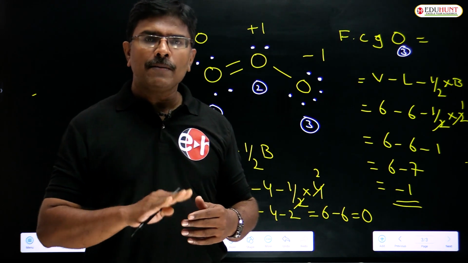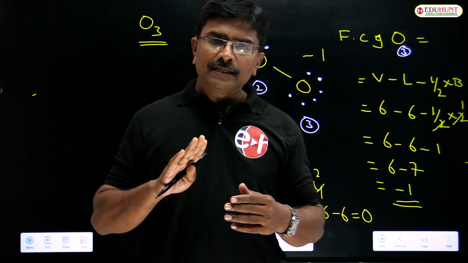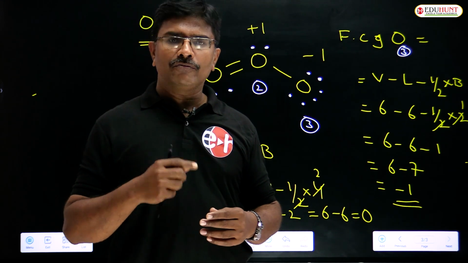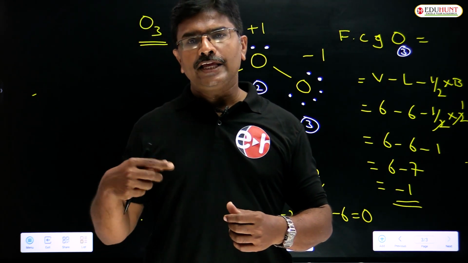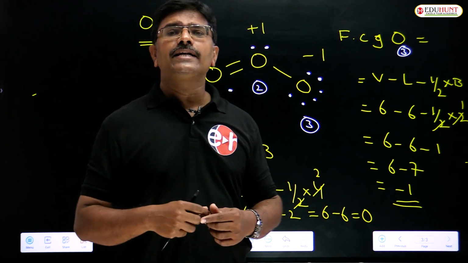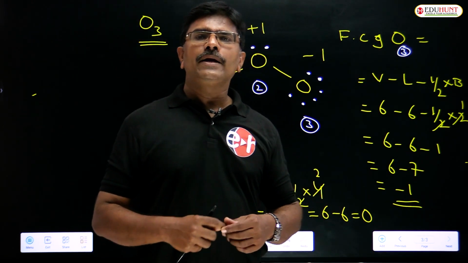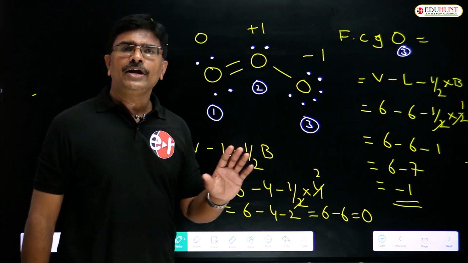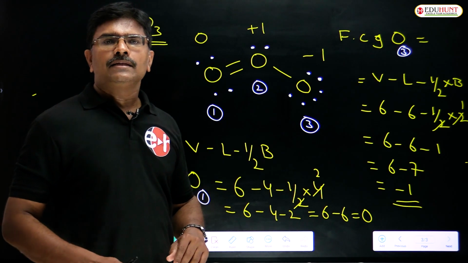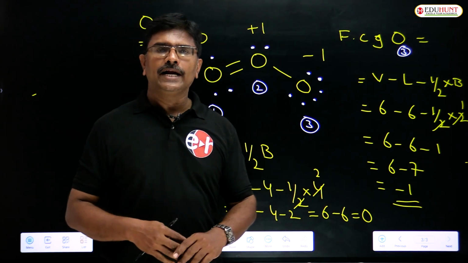This is very simple, and at the same time important also. You will be finding its applications in theoretical examinations as well as in entrances also. Hope all are able to understand this way to calculate the formal charges. Please practice this. In our worksheets also I will explain you later on.